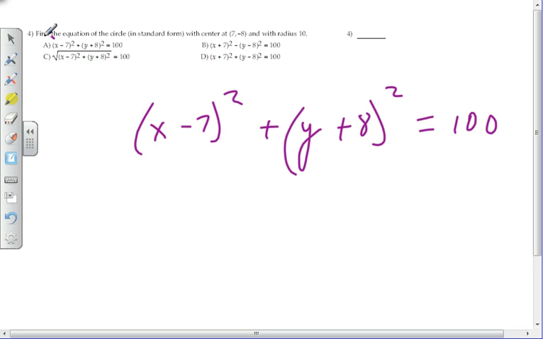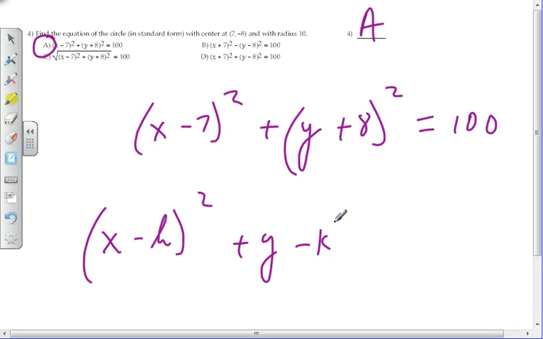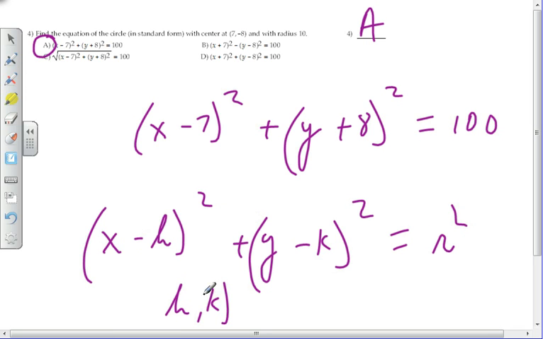Looks like A to me. Yeah, A. So the equation is x minus h squared plus y minus k squared is equal to r squared, where h, k is the center. So that'd be x minus 7, y minus a minus 8, making it plus 8, and r squared.